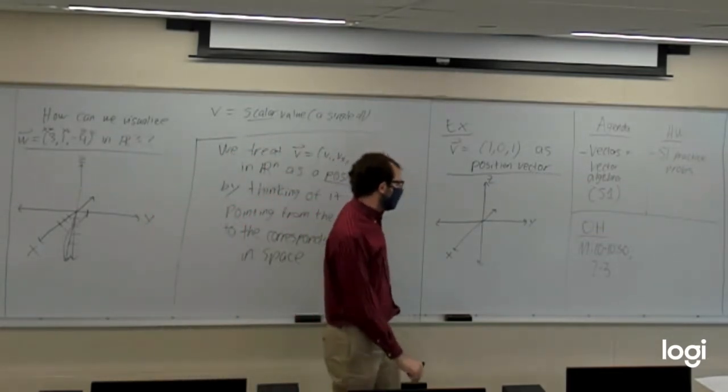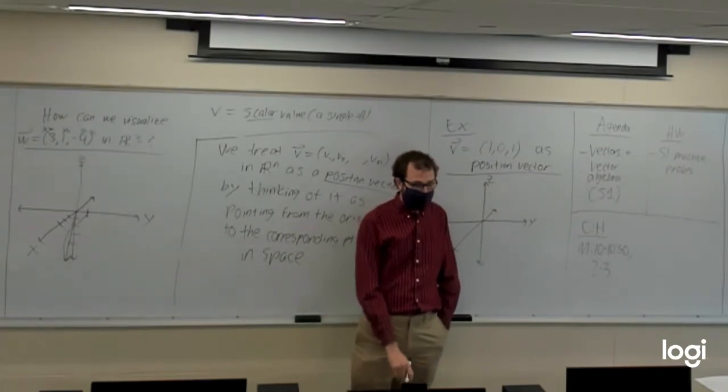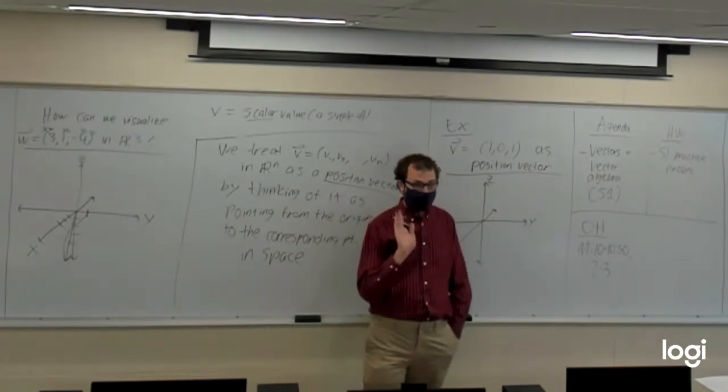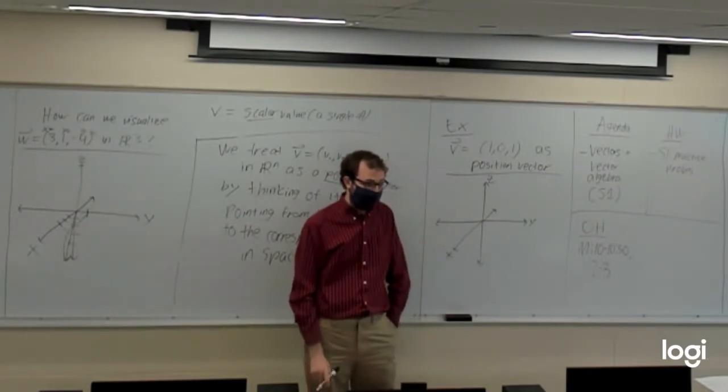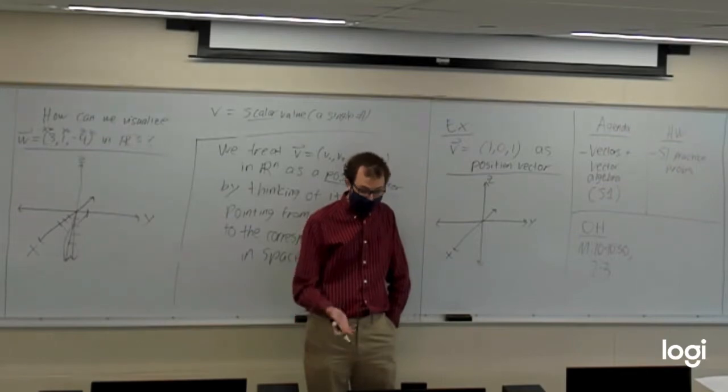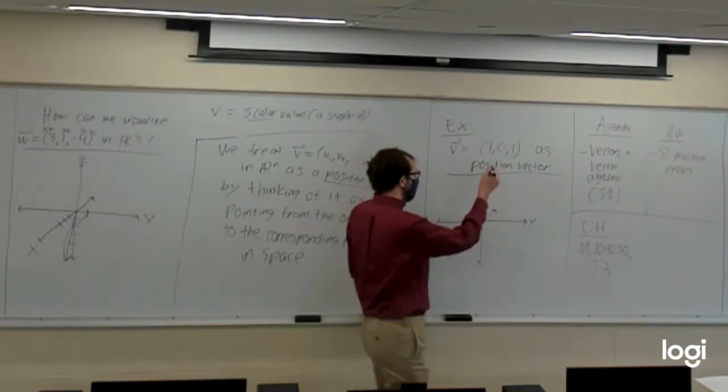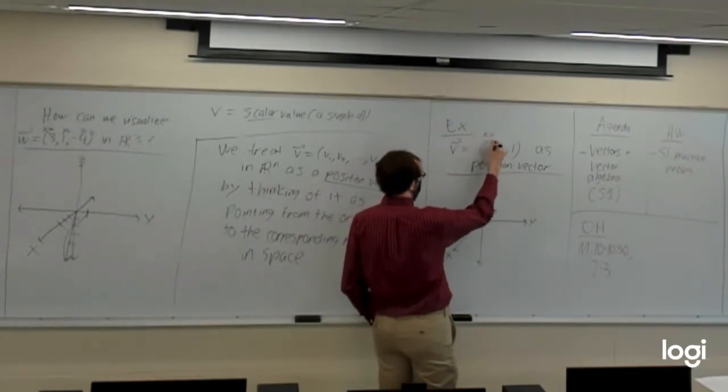How far out in the x direction do I need to travel? In other words, how far out of the board at you do I need to go, if I'm trying to draw it out? Just 1 space towards us. Yeah, 1 space towards us, because we have an x coordinate of 1 unit.